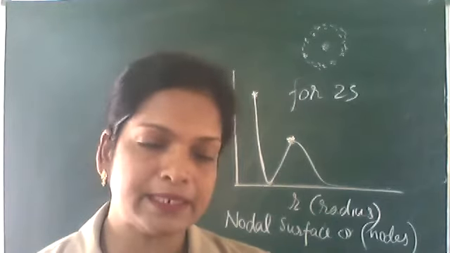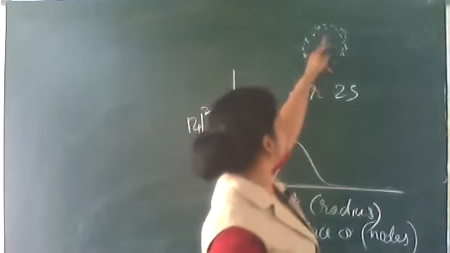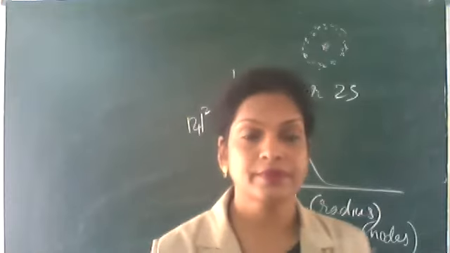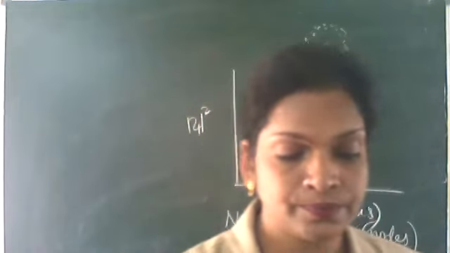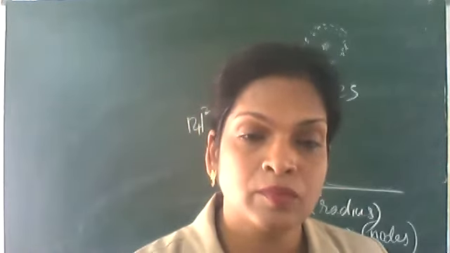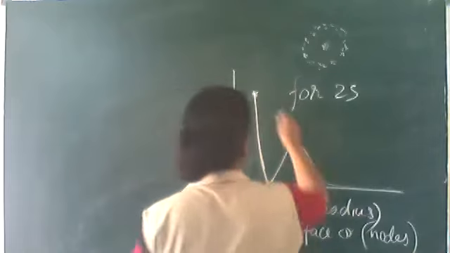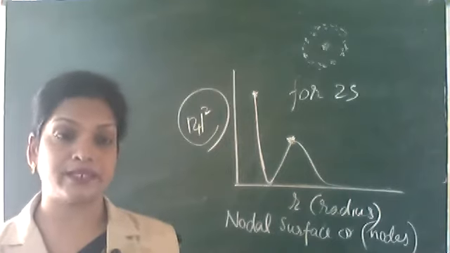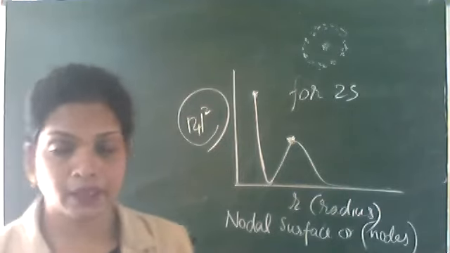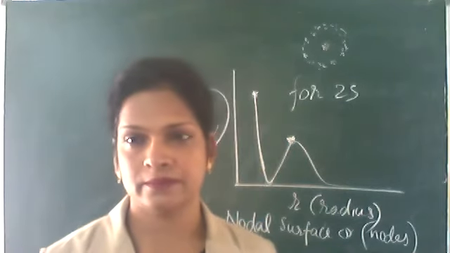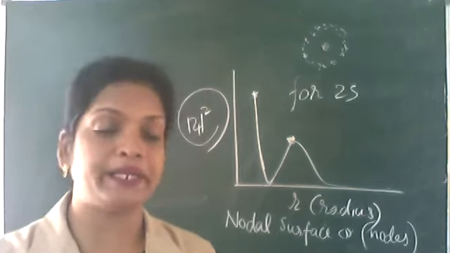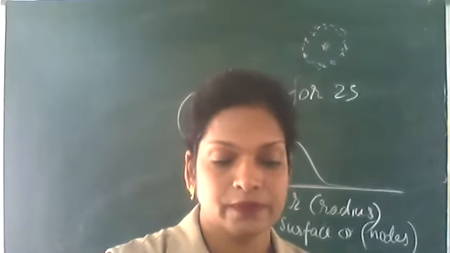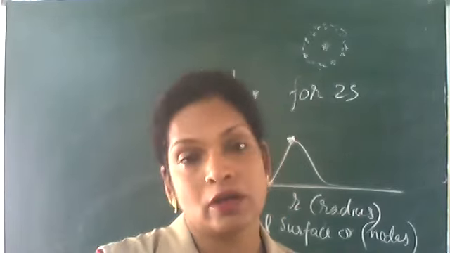Write down: the intermediate region where modulus psi square reaches 0 is called nodal surface or nodes.